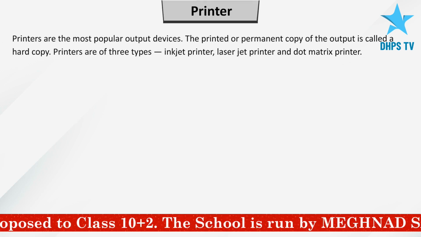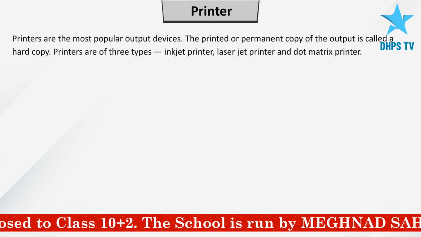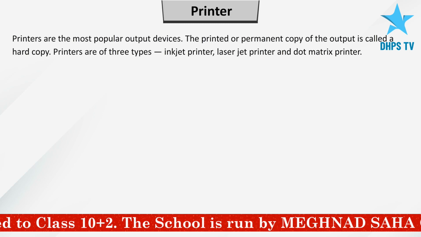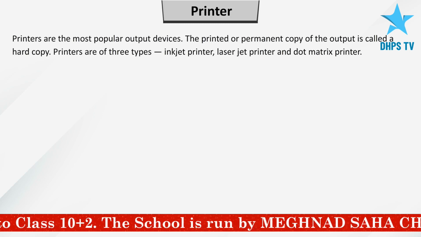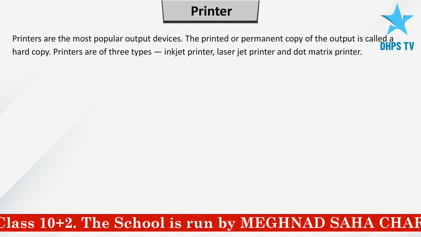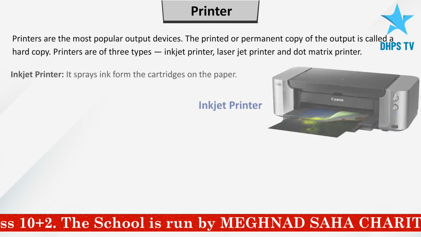Printers are the most popular output devices. The printed or permanent copy of the output is called a hard copy. Printers are of three types: inkjet printer, laser jet printer, and dot matrix printer.